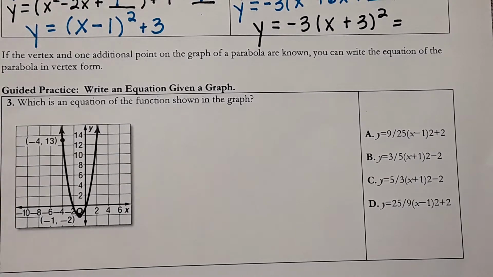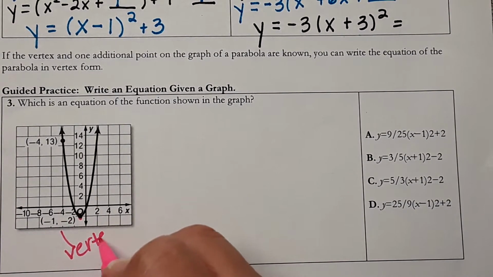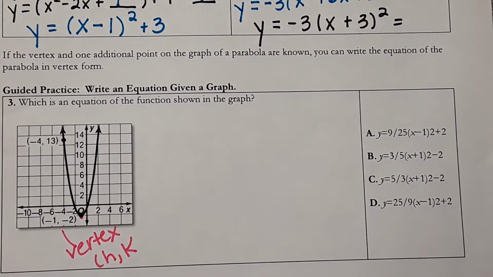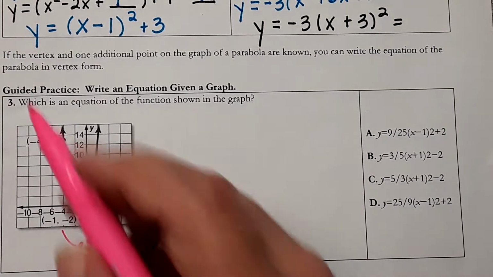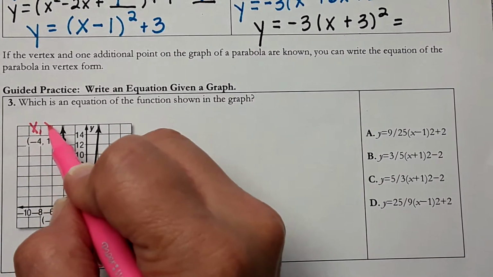This point right here is our vertex, and we've learned up top that our vertex is H, K. And then this is a point which is X, Y.